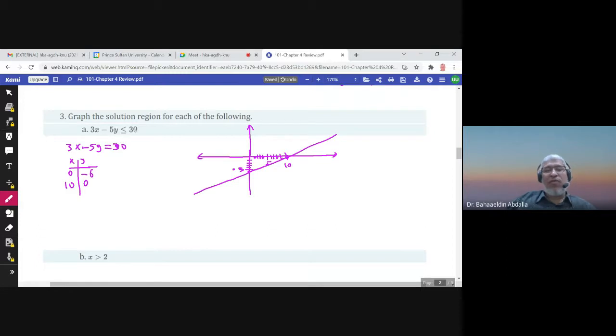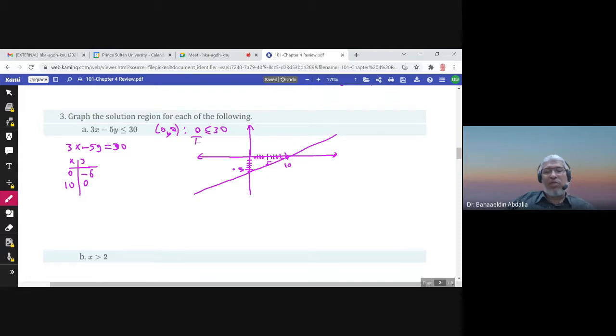Now the graph of this inequality would be half a plane. It is either half a plane below the line or above the line. To find out, I choose 0, 0 and check it in the inequality. So 0 minus 0 is 0. Now 0 less than 30.